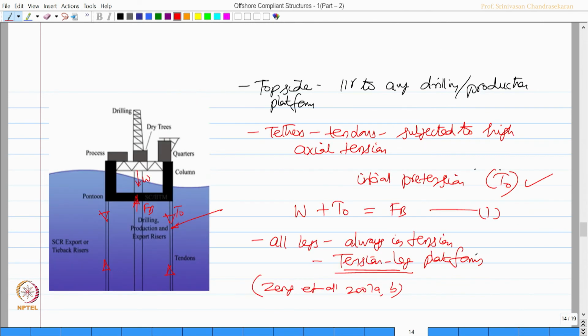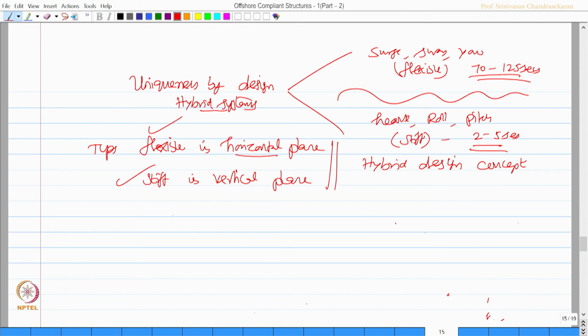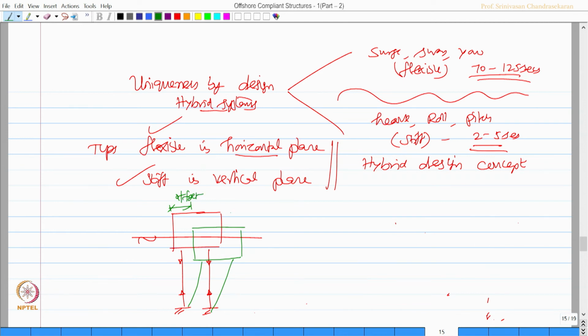So, interestingly, when a TLP is subjected to a wave action, TLPs will undergo displacements. Since tethers are inextensible, this displacement along x is called as offset. This displacement along heave is called set down.